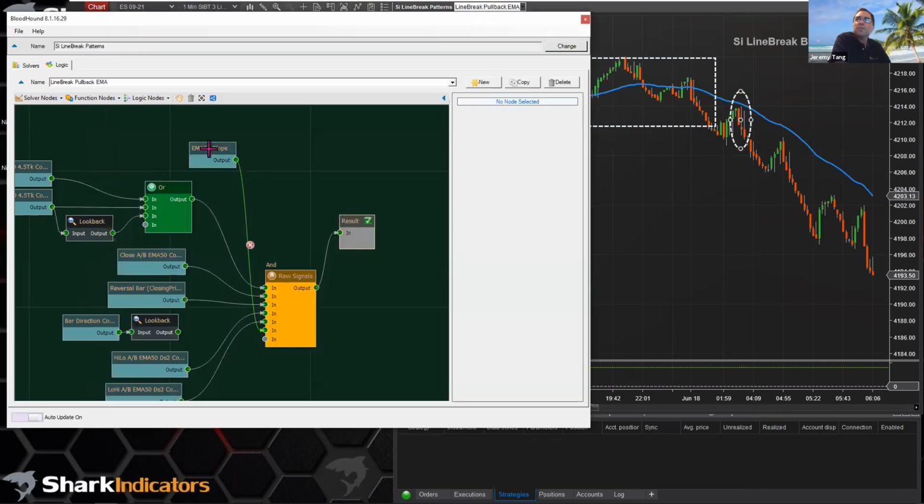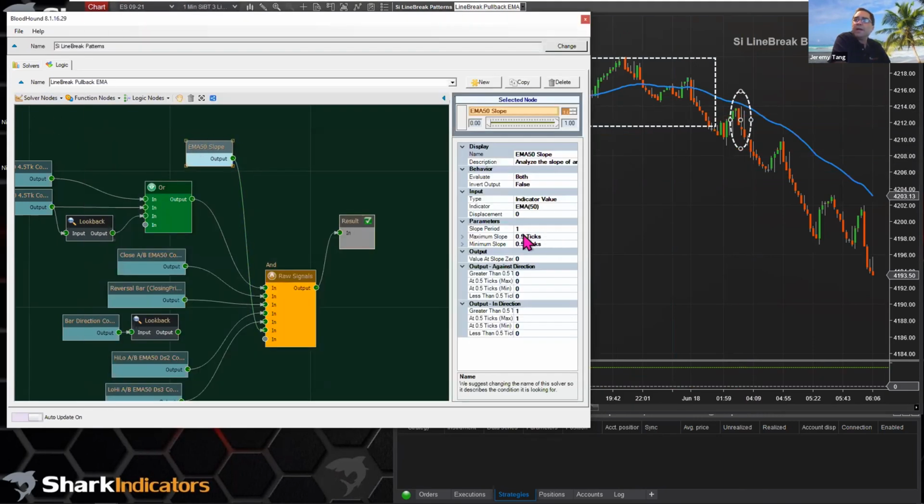So what we probably should do is go back and adjust our slope. Let's see, I'm at 0.4. If we go in here and make a quick adjustment, let's see if we get that signal back. Oh, let me correct that, put a space in there.